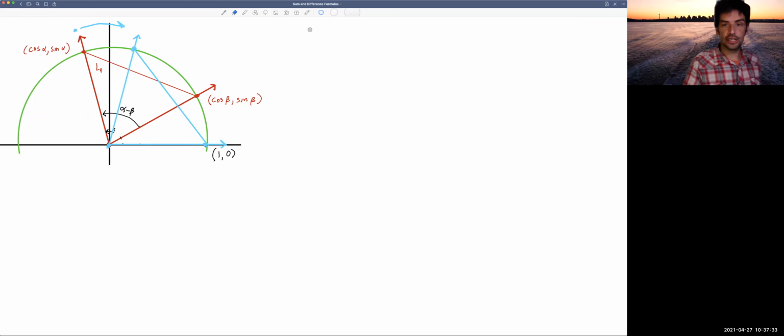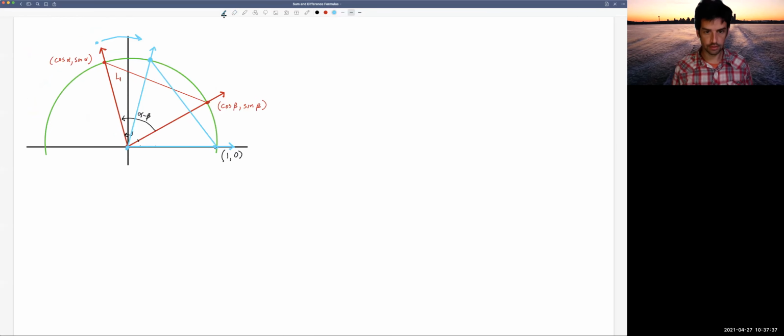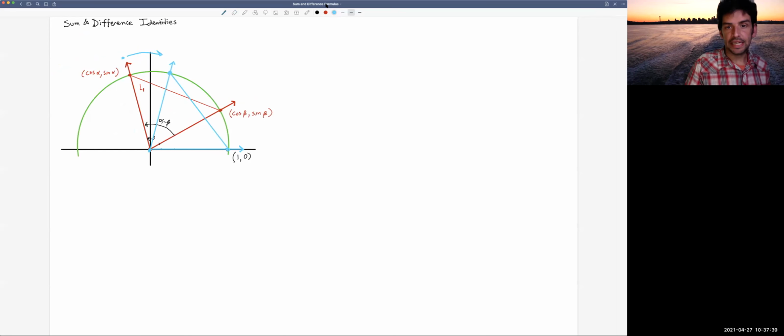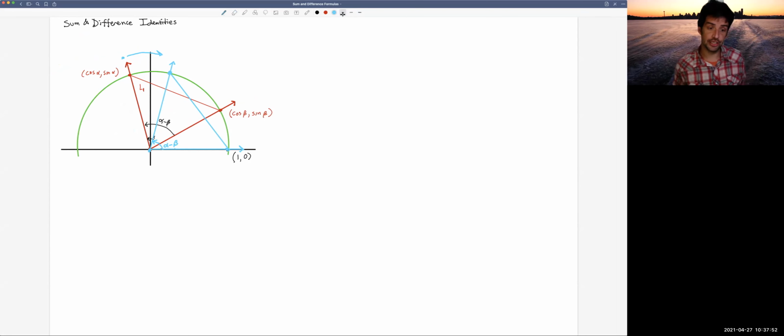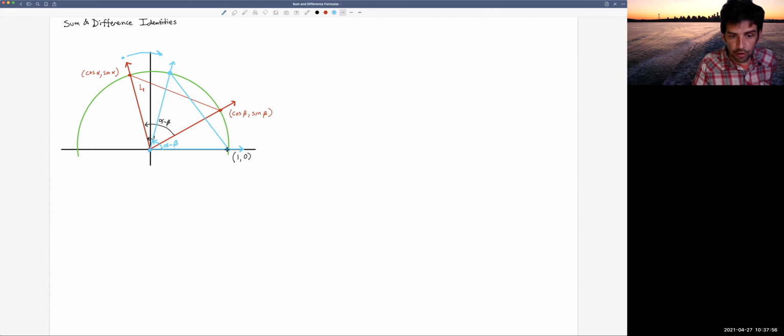Okay, so let's now look at this blue triangle. Because we've rotated the whole triangle, this angle here should still be the angle alpha minus beta, right? That triangle, I'm imagining it staying rigid. So that angle is alpha minus beta. Let's put in coordinate points. We already know that we rotated this ray down to the point (1, 0).